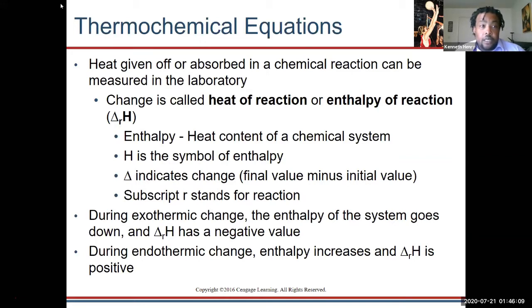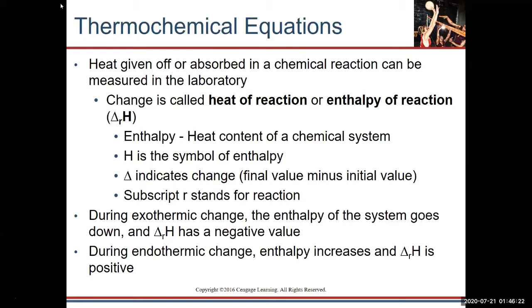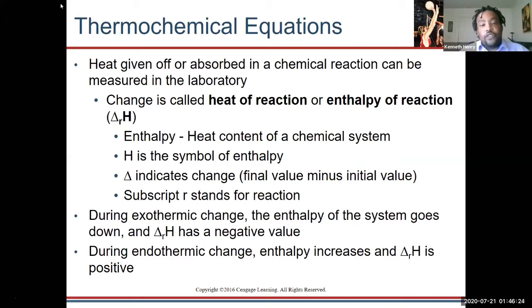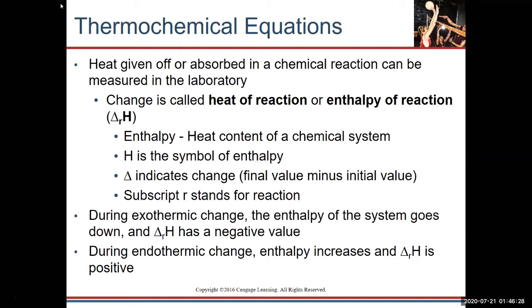When they give off heat, or they expel heat or release heat, is that endothermic or exothermic? Exothermic, that is correct. If it takes in heat or absorbs heat, then it's endothermic.